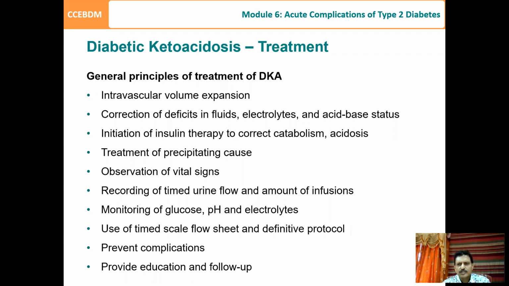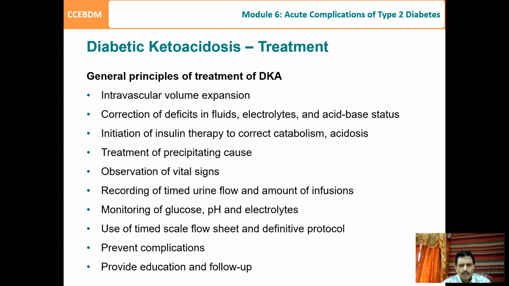So start the insulin infusion at a very low dose. Usually we start at a dose of 4 to 8 units per hour, depending a little bit on the body weight. Then just wait and watch whether the patient is gradually improving or not, whether hyperglycemia is gradually correcting or not.